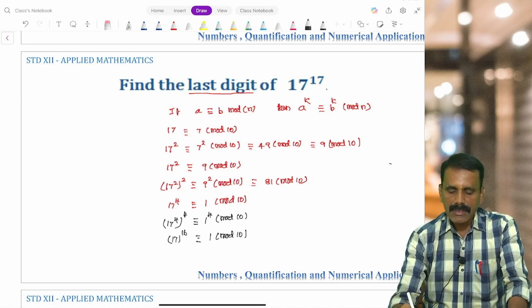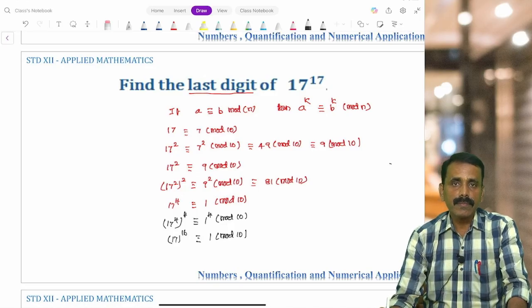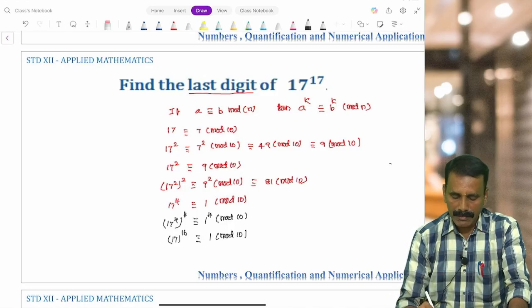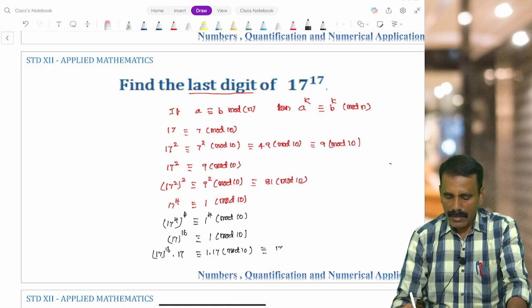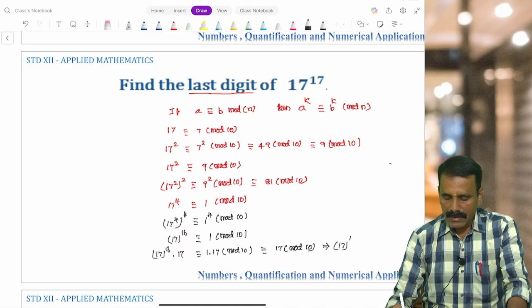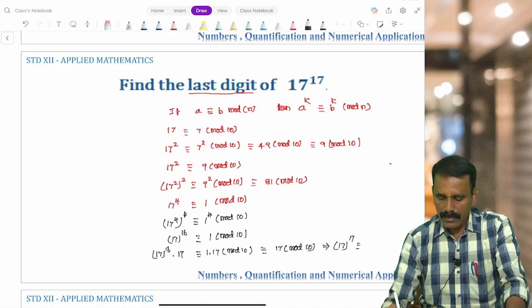But our concern is to find 17 power 17. So I multiply both sides by 17. 17 power 16 into 17 is congruent to 1 multiplied by 17 mod 10. So this is equivalent to 17 mod 10, which implies 17 power 17 is congruent to 7 mod 10.